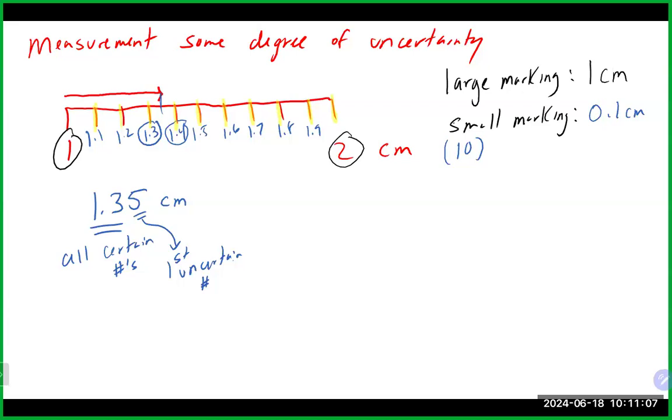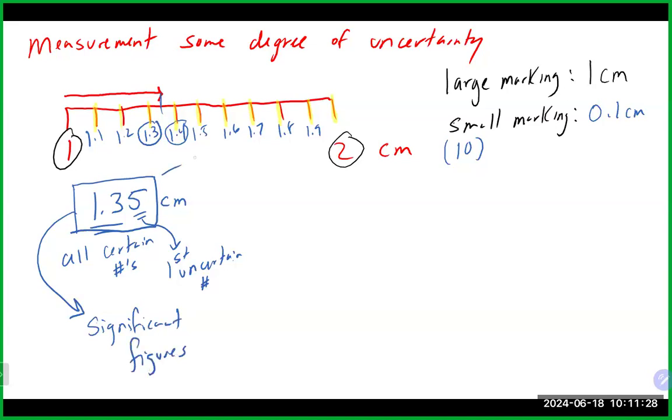And in this case, when you take all the certain numbers in a measurement and the first uncertain number in a measurement, that is pretty much what significant figures are. That would mean that this measurement here has 3 significant figures, right? They would all be significant, with the uncertain number being in the last digit, which is our 5. Any questions on that there?